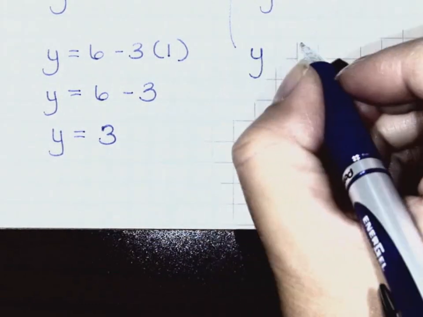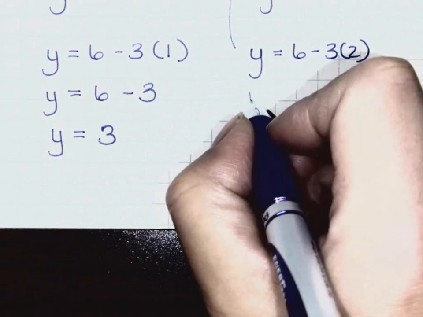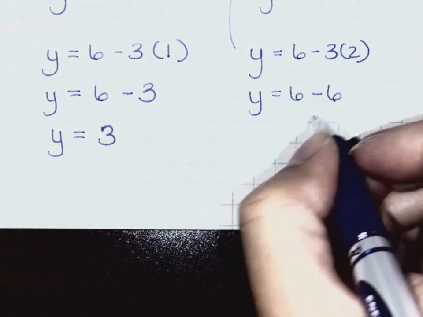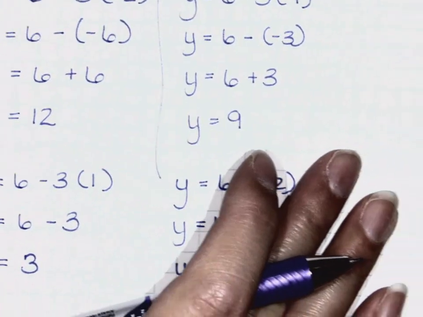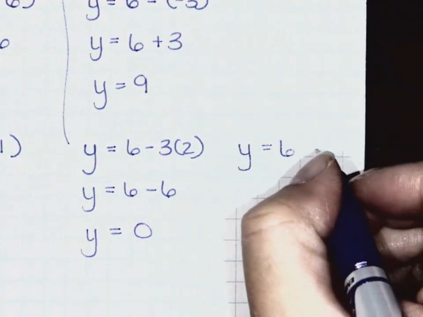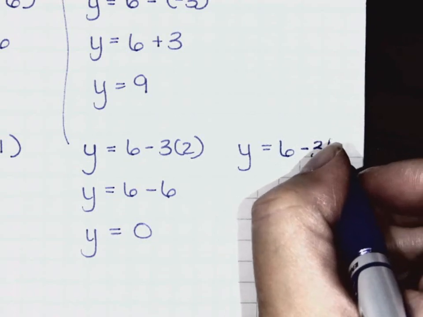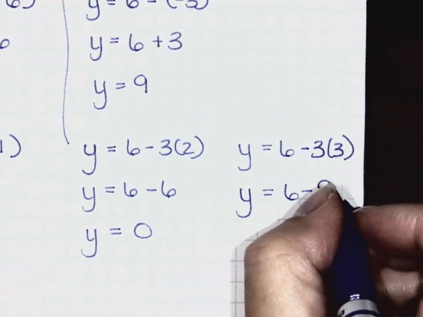And then I have y equals 6 minus 3 times 2, so y equals 6 minus 6, so y equals 0. And then my last one, I'm running out of room, y equals 6 minus 3 times 3, so y equals 6 minus 9.